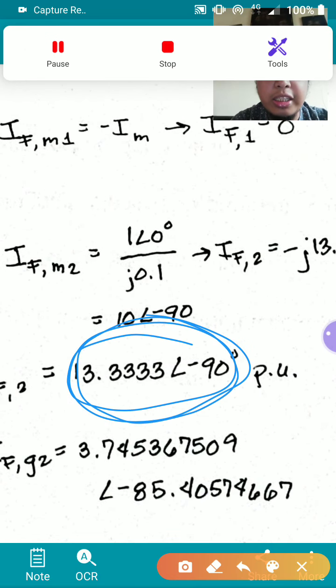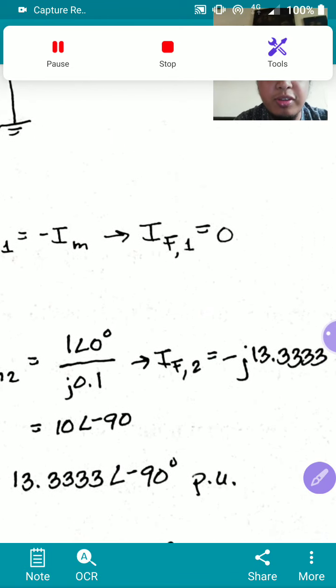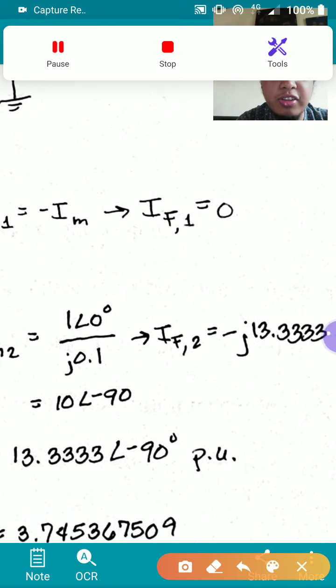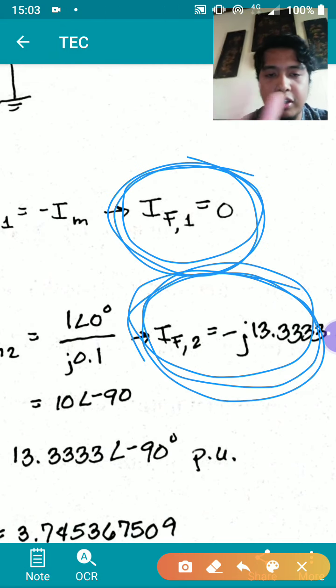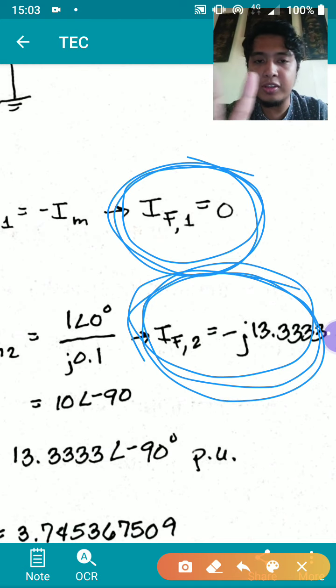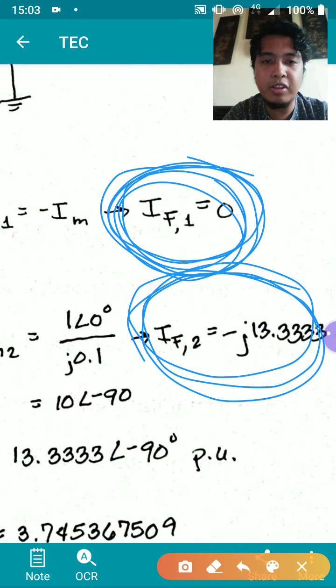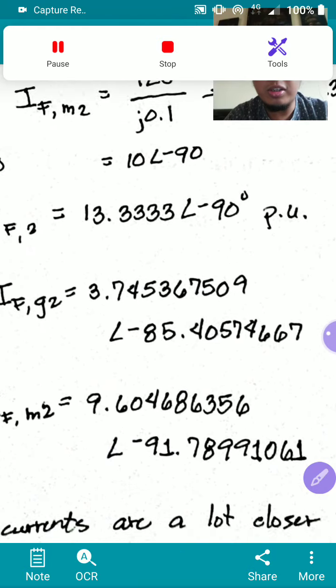13, negative 90, and I guess it's easy to say that on the total fault current, because the total fault current is just your fault current on the second superposition representation, because the first representation just adds up to 0.